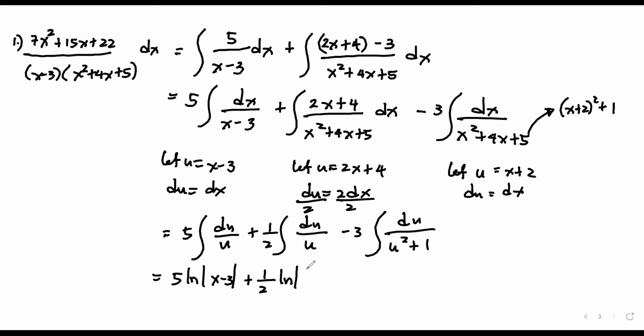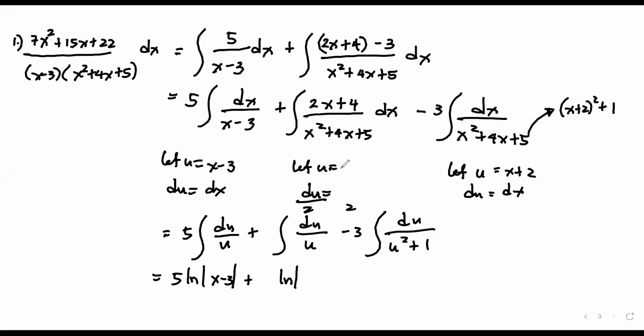Our u here is x squared plus 4x plus 5, and the derivative of u is 2x plus 4.